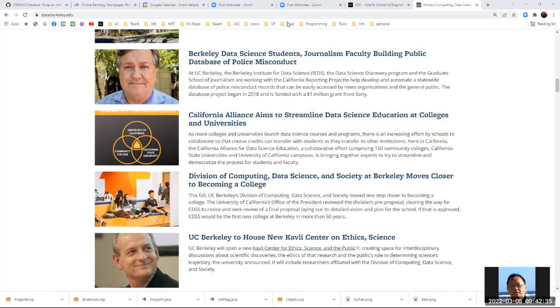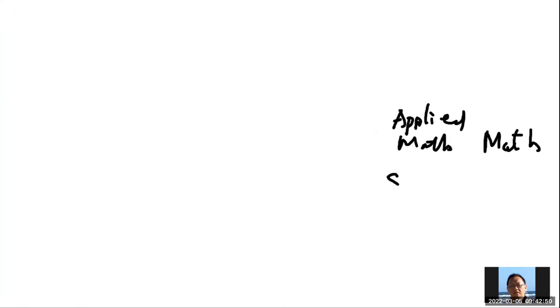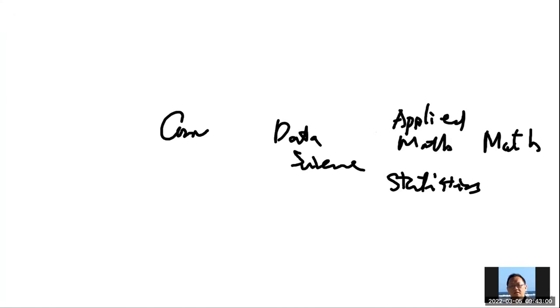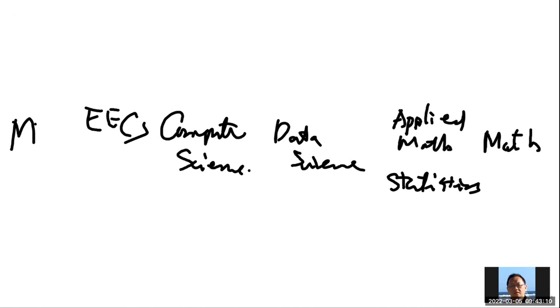If you want to study computer science, nowadays you have, say, a math department, and then you have applied math, and you may have statistics, you may have data science, you may have computer science, you may have the so-called ECS, and finally there's another one called MET.